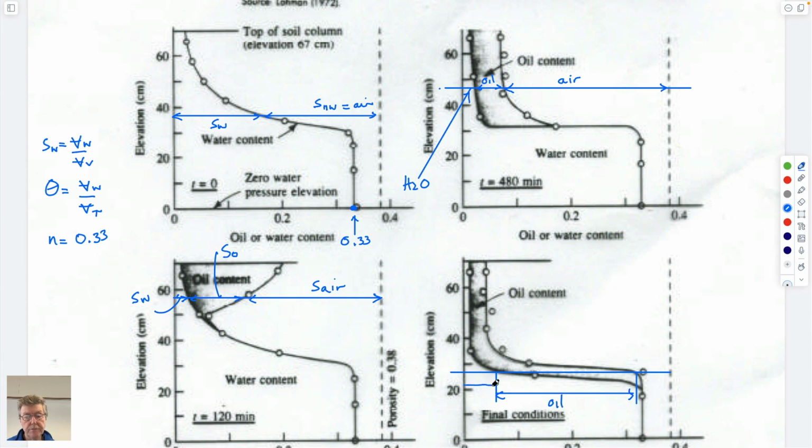This is water. And this is air. And so if you draw a cartoon, I suppose, through this, you'd have something in terms of what we've kind of talked about before.